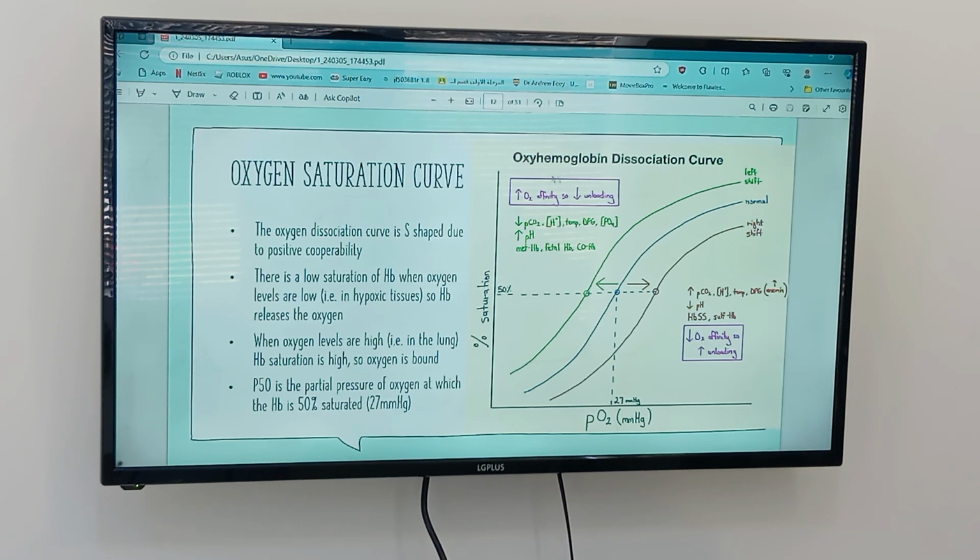In this area, oxygen binds to the hemoglobin. Look at this area, when the oxygen is high. While when the oxygen is low, the hemoglobin has an affinity for unbinding the oxygen.